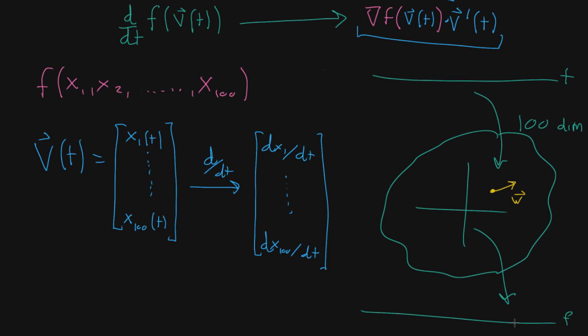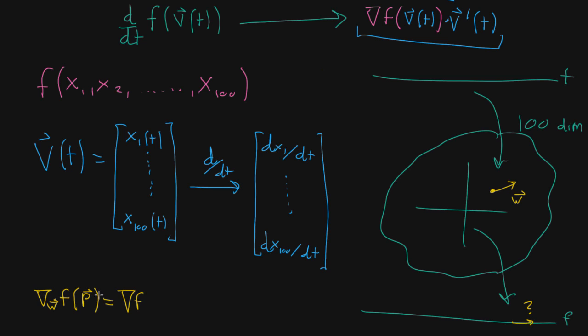You're wondering how much that results in a change to the output of f. That's answered by the directional derivative. You'd write the directional derivative in the direction of w of f, at some input point p, and it's a vector, in this case a 100-dimensional vector. And the way you evaluate it is you take the gradient of f.